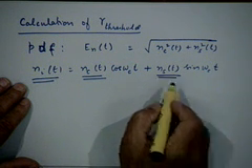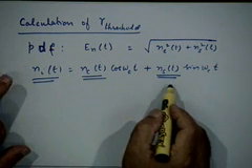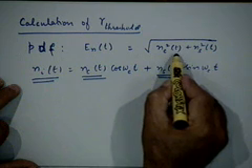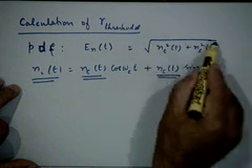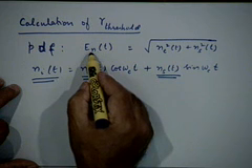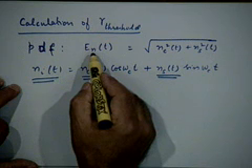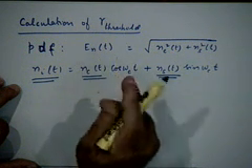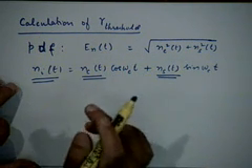If you have done the review properly of probability theory, then you would know that when you take the sum of squares of two Gaussian random variables and take the square root of that, then the resulting random variable does not have a Gaussian density function. It has a Rayleigh density function. So, if you have not reviewed this, please review it.